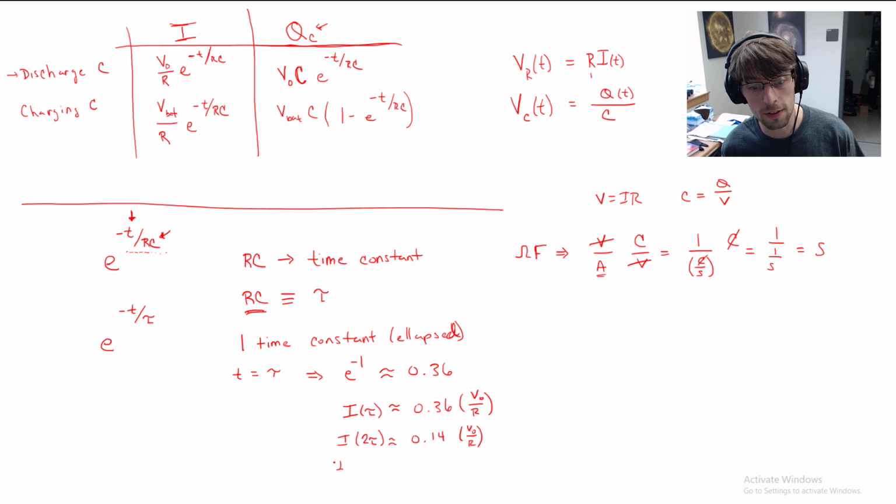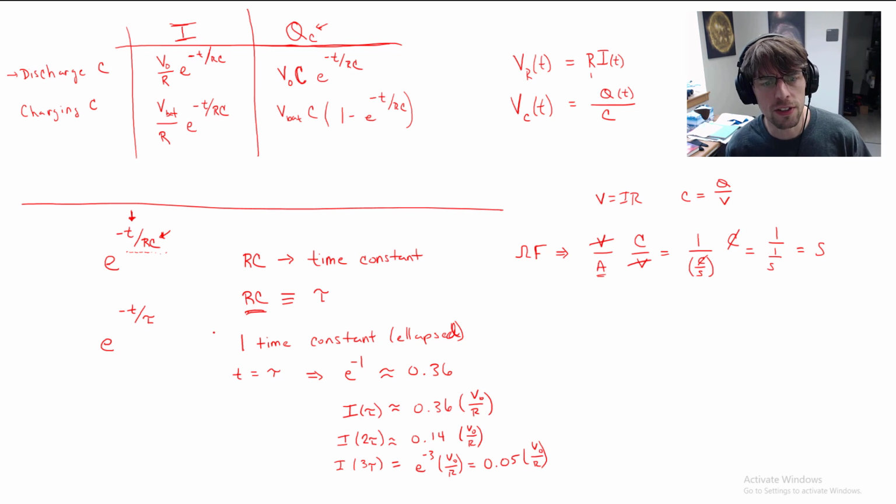Or three time constants, e to the negative 3. This one is about 5%, so you get 0.05. Just to give you an idea. So sometimes you'll see it expressed as time constants, you'll express time in terms of tau. And that just gives you some easy references.